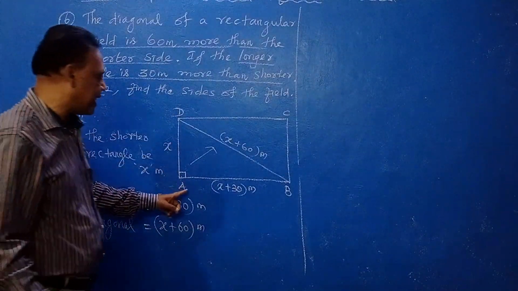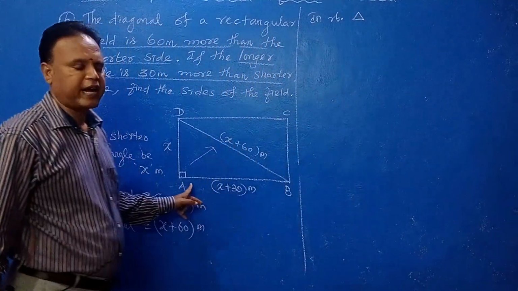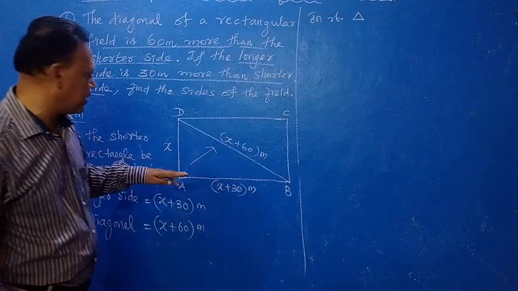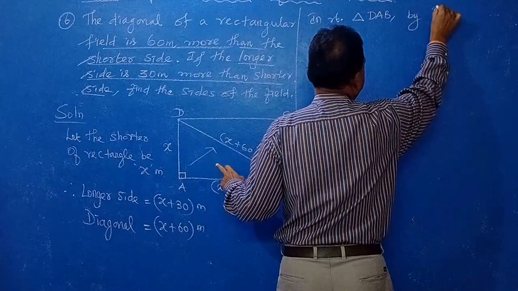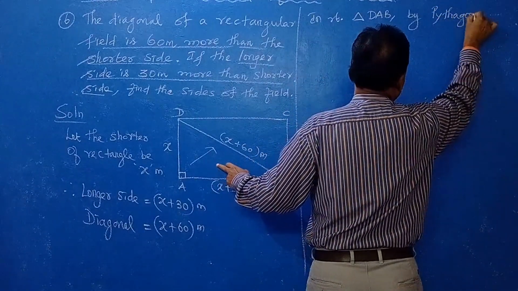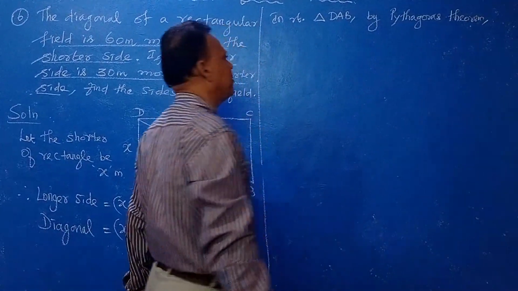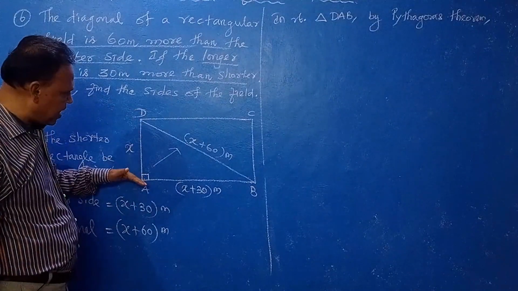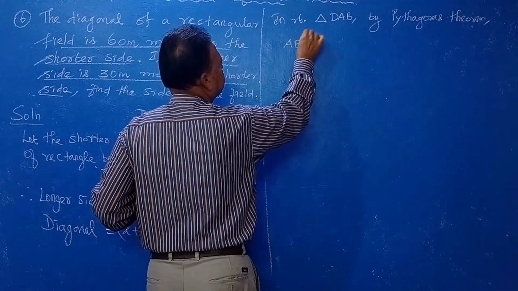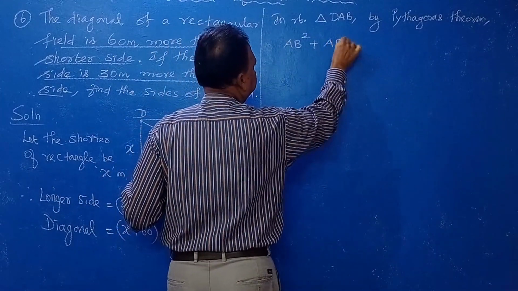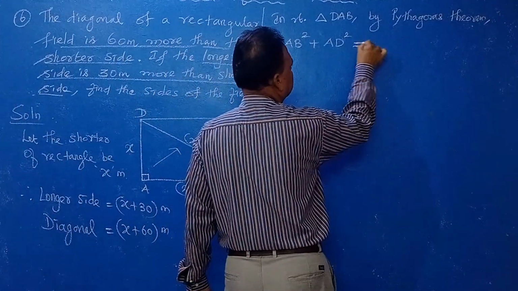Okay, so in the diagram, in right triangle DAB, by Pythagoras theorem, you can write AB squared plus AD squared is equal to BD squared.